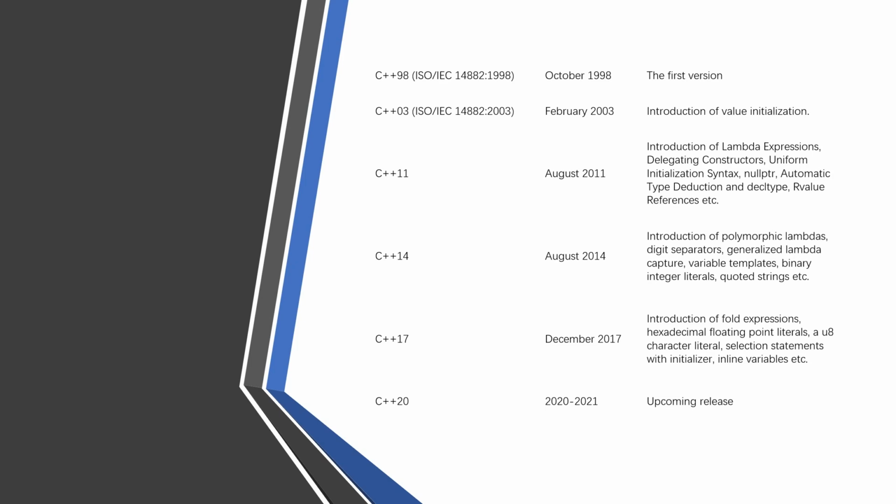This version expanded the core language features tremendously, adding many essential features such as lambda and auto type deduction, and it also made some important additions to the standard library like thread support and regex.